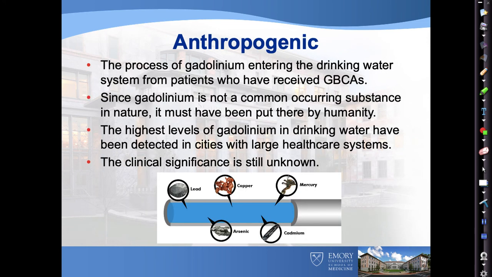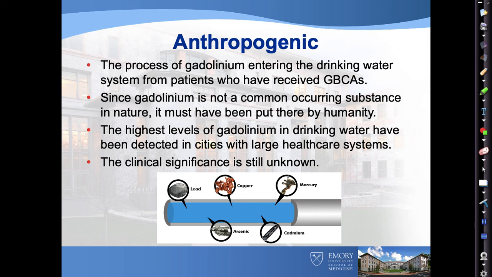The last long-term adverse effect of gadolinium-based contrast agents is anthropogenic gadolinium. This is the process of gadolinium entering the drinking water system from patients who had received gadolinium-based contrast agents. Since gadolinium is not a commonly occurring substance in nature, it must have been put there by humanity.